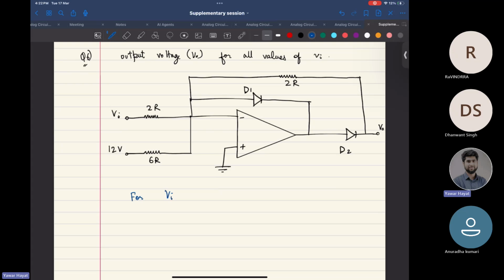For Vi greater than or equal to minus 4, your D1 and D2 would be forward biased.